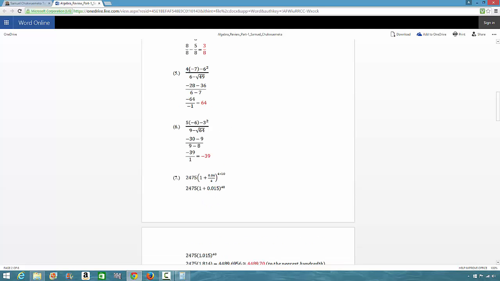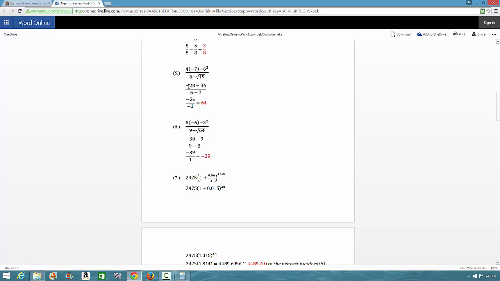Question 5, you have a fraction, and the expression requires you to do order of operations as well. If we start with the numerator, 4 times negative 7 is negative 28, minus 6 squared is 36. Then divided by, we get to the denominator. 6 minus the positive square root of 49 is 7.